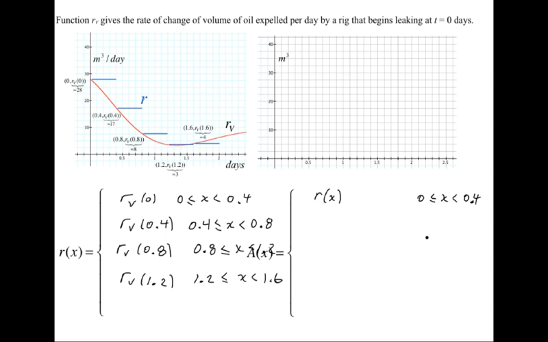Okay, so he's saying that R of x would just be R sub v of 0, and we get a horizontal line from 0 to 0.4, and is that what we want? So Peter, what instead? So that's the rate, but now we're trying to figure out the accumulated amount, right?